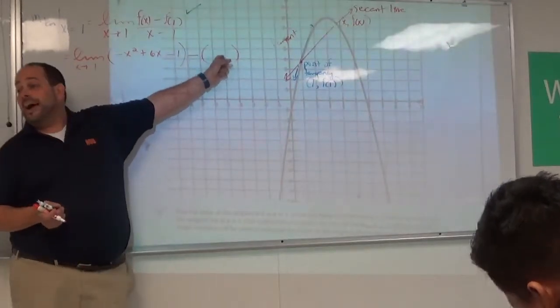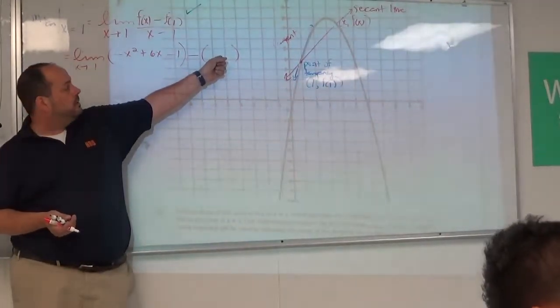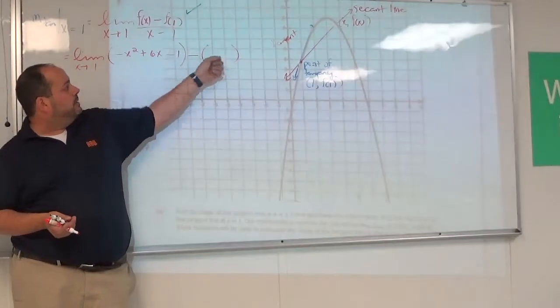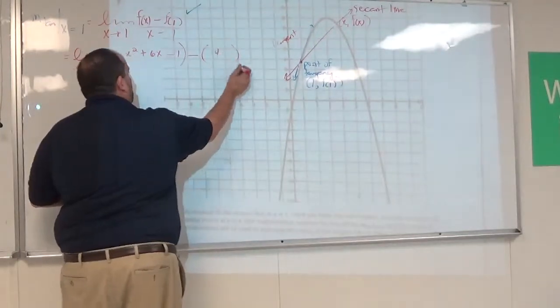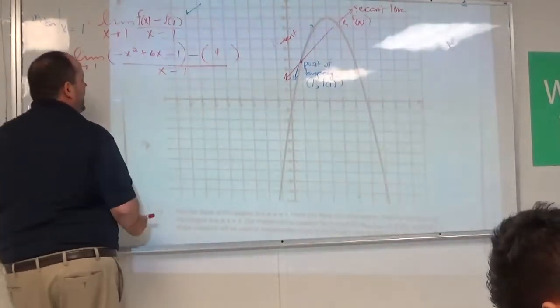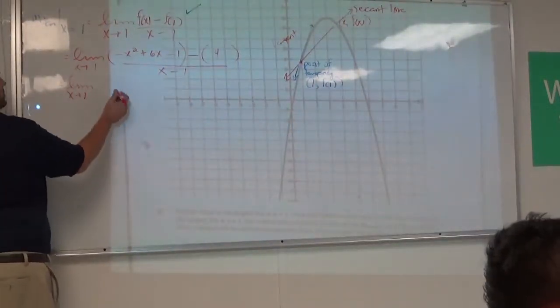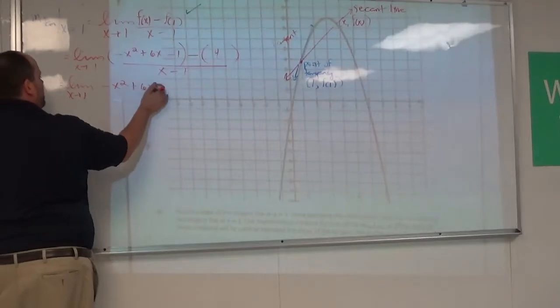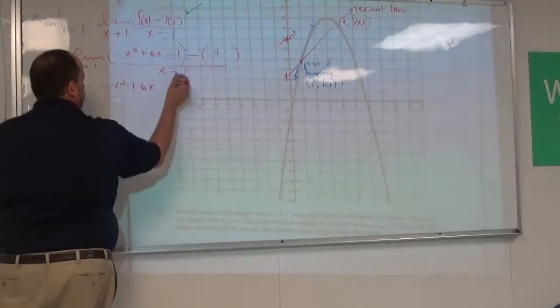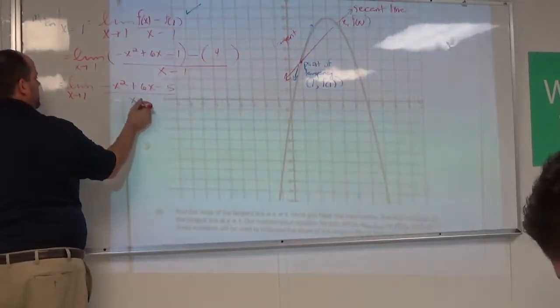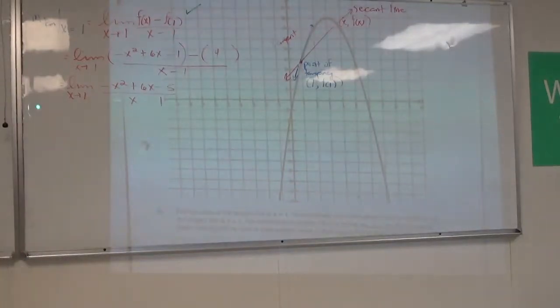I need the y value at x equals 1. What's that y value? 4. And I'm going to divide by x minus 1. If you want to clean it up a little bit, limit as x approaches 1 of negative x squared plus 6x, negative 1 minus 4 is negative 5, over x minus 1.